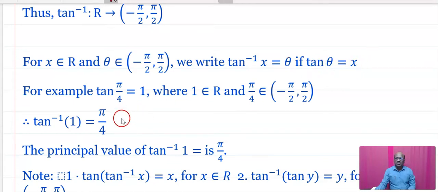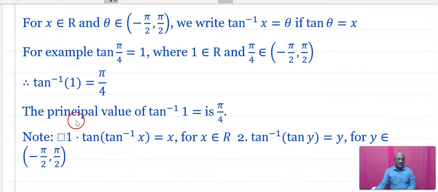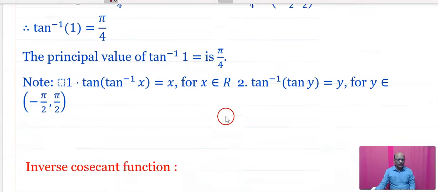For example, tan of pi by 4 is 1. We know that, where 1 belongs to the set of real numbers and pi by 4 belongs to minus pi by 2 to plus pi by 2. Therefore, tan inverse of 1 is equal to pi by 4. That is, the principal value of tan inverse of 1 is pi by 4.